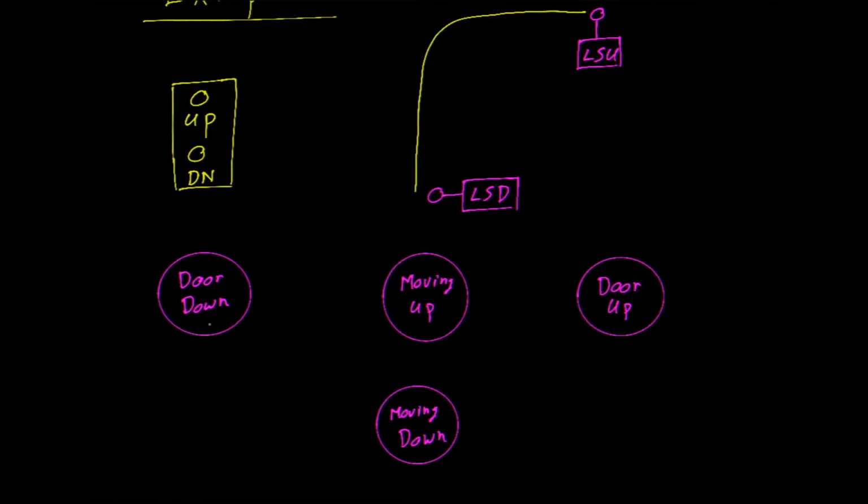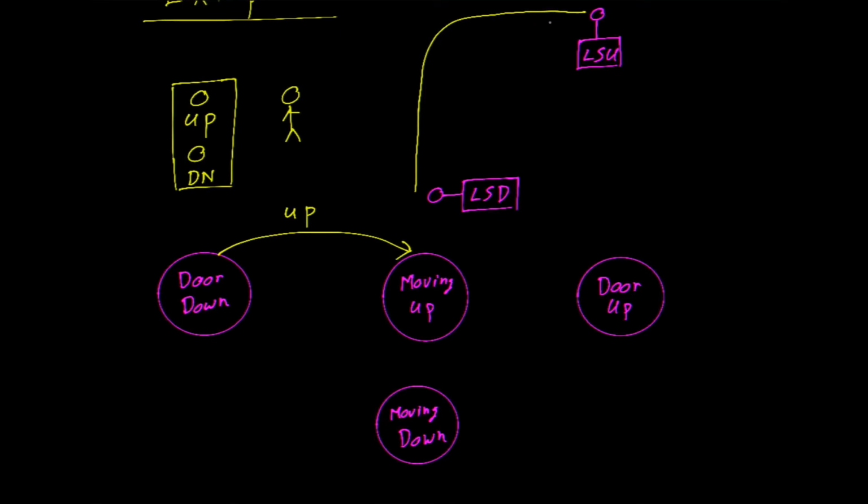Let's assume the door is in the down position and that the operator pushes the up button. We will transition from door down to moving up, right? Because it takes a certain amount of time for the door to actually move from one position to another.